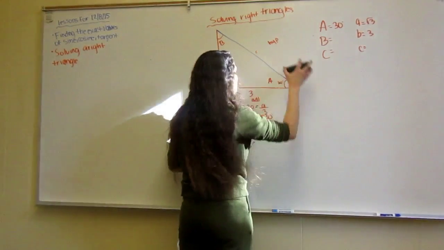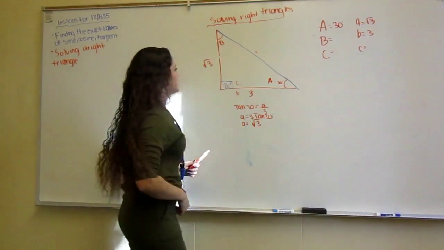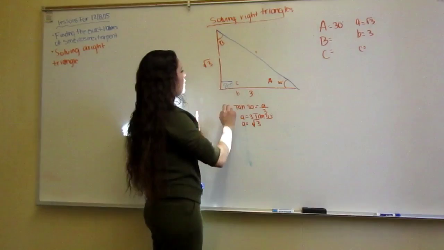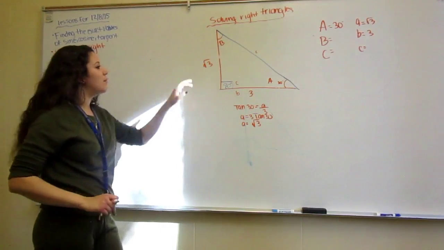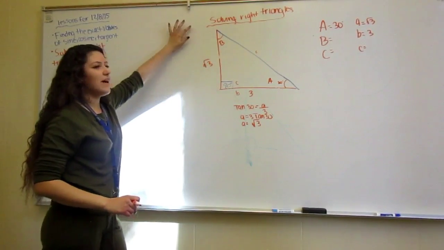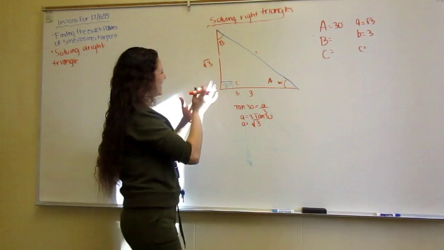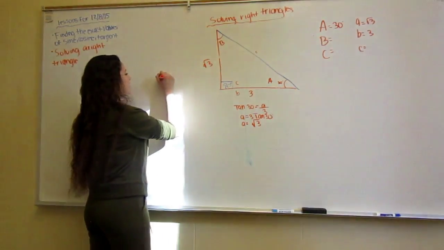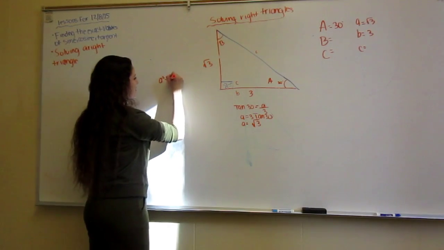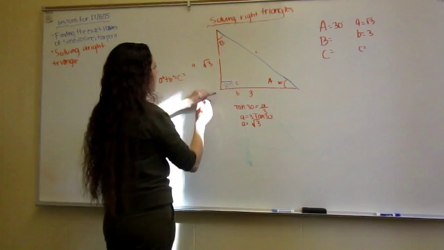Okay, we can go ahead and erase these so we won't get confused. So now we still need to solve for little c and big C. But since we have two sides, we could go ahead and use what identity? Pythagorean theorem. So Pythagorean theorem is a squared plus b squared equals c squared, and this is a, b, and c.